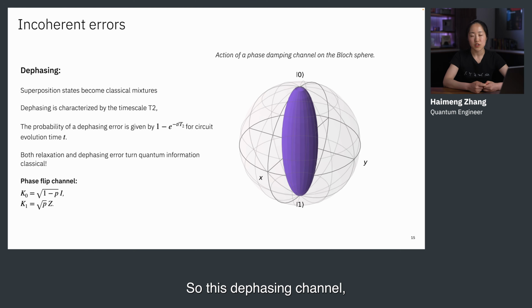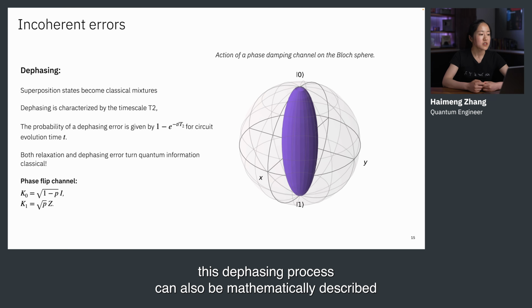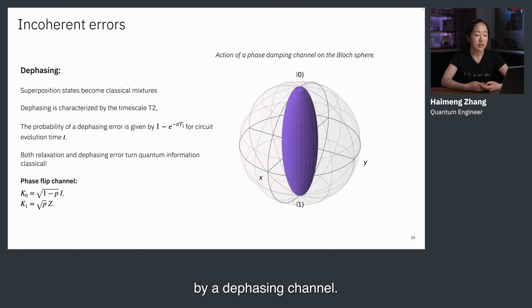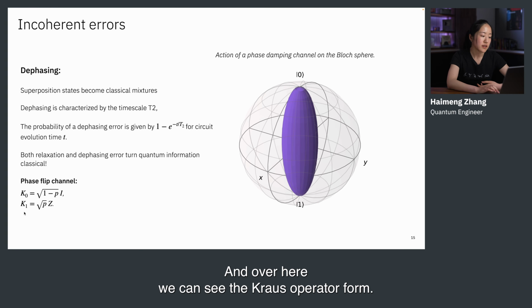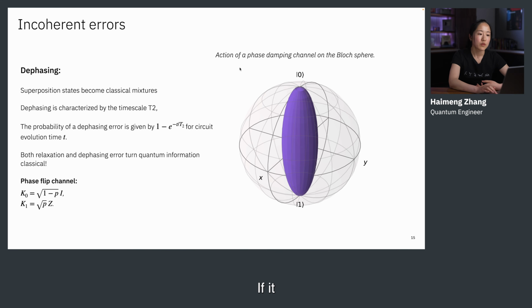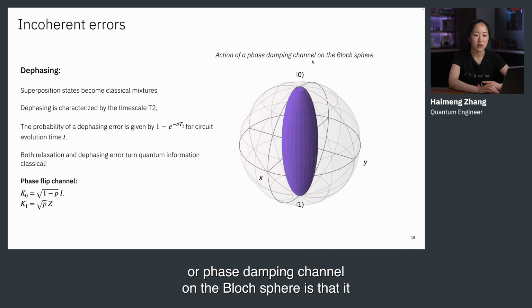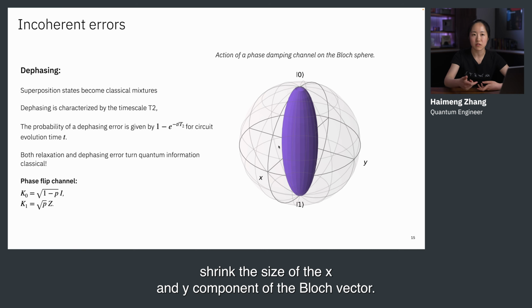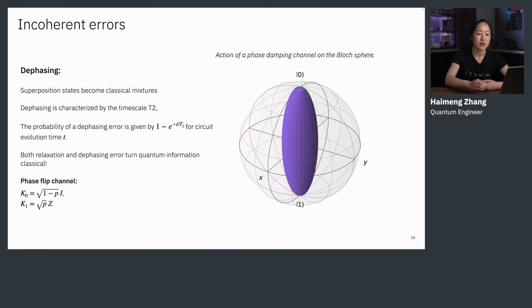This dephasing process can also be mathematically described by a dephasing channel. And over here, we can see the Kraus operator form of it. The action of a dephasing or phase damping channel on the Bloch sphere is that it shrinks the size of the x and y components of the Bloch vector.